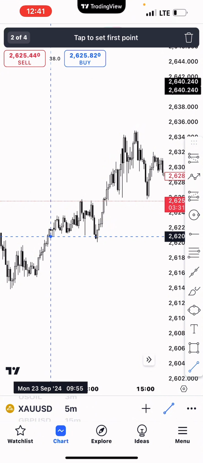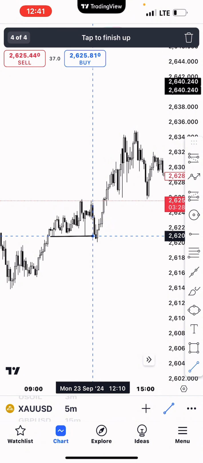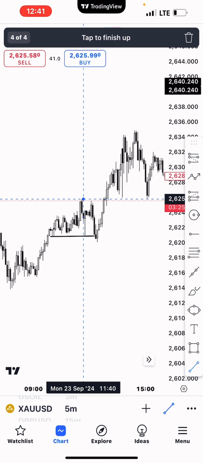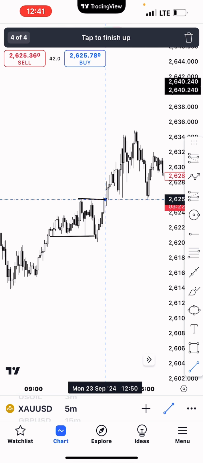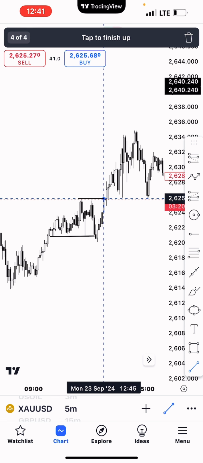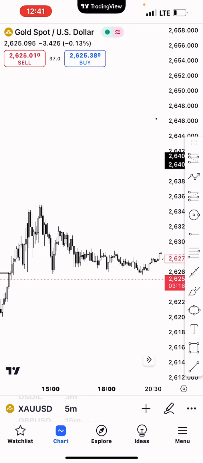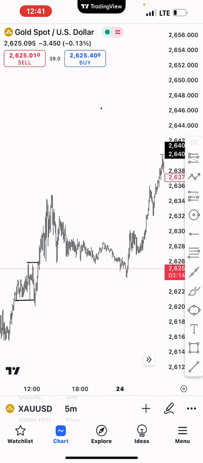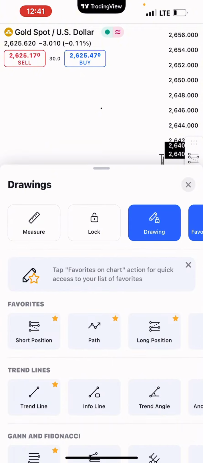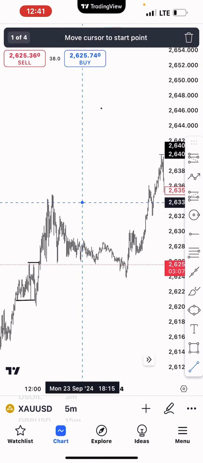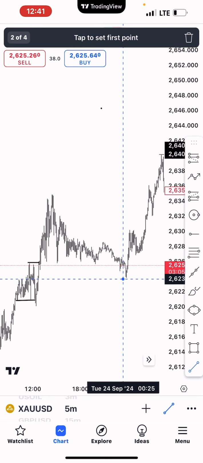This becomes my sweep of liquidity. After that, there is a first break of structure, and then a pullback. That pullback provides structural liquidity.